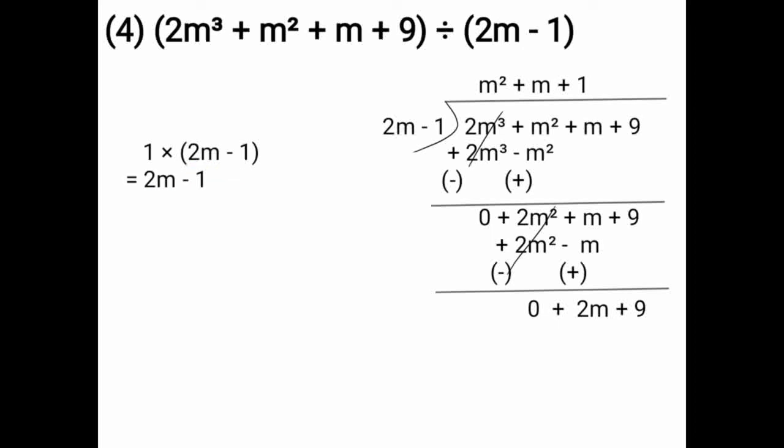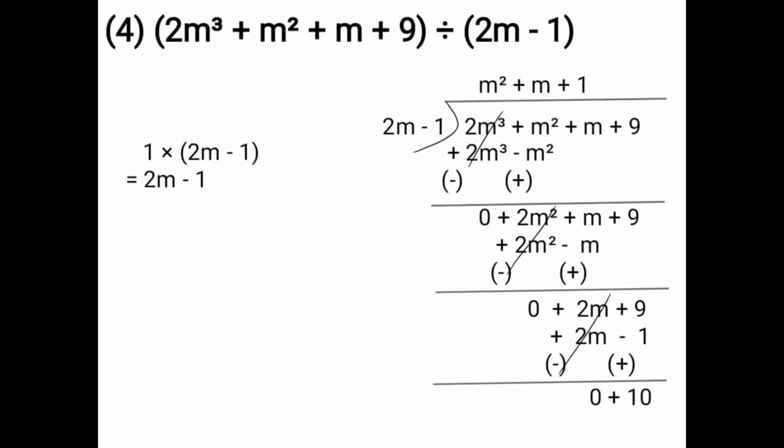So this 2m minus 1, you have to write it here, like terms which are the same. Plus 2m minus 1, take the opposite sign. Plus becomes minus, minus becomes plus. Cancel 2m minus 2m and then write remainder 0. 9 plus 1 is plus 10.